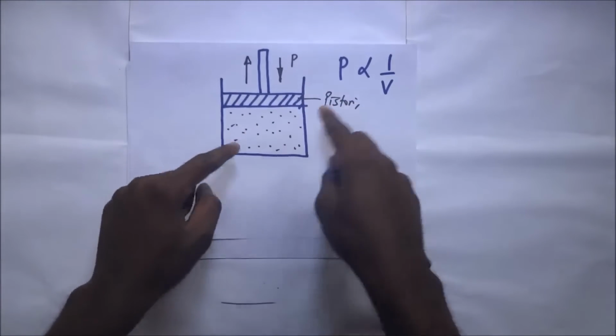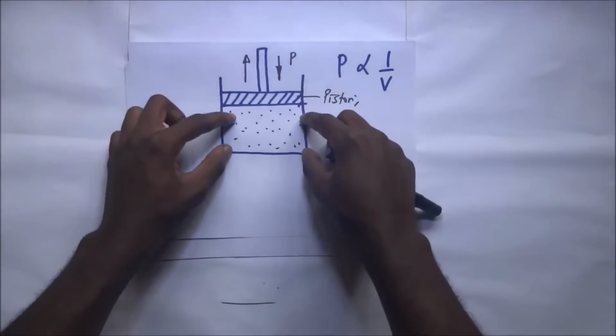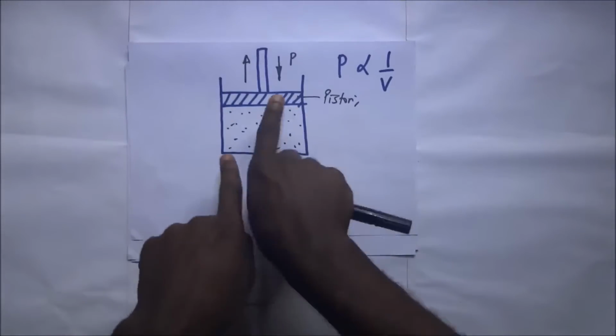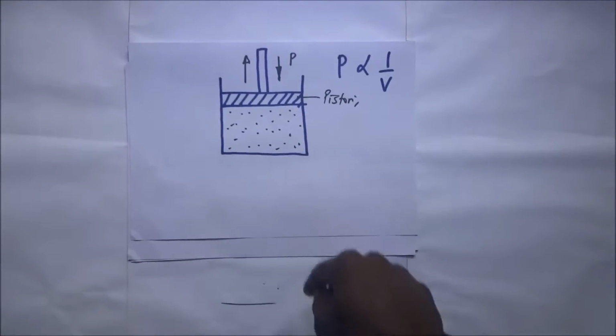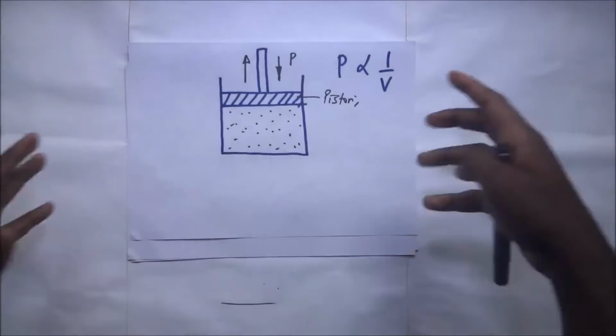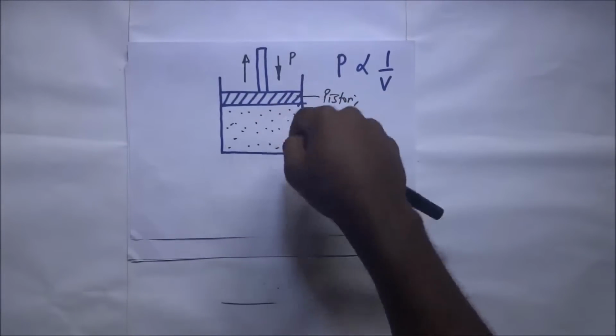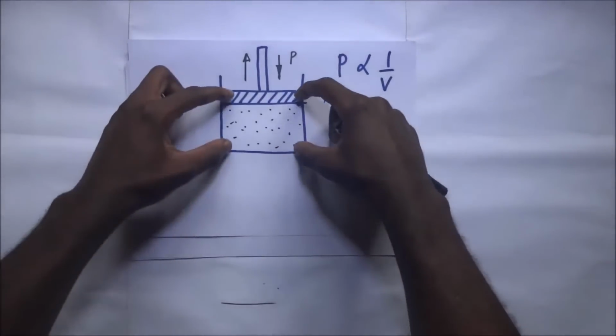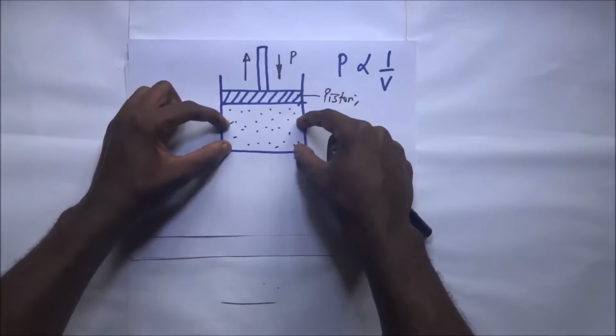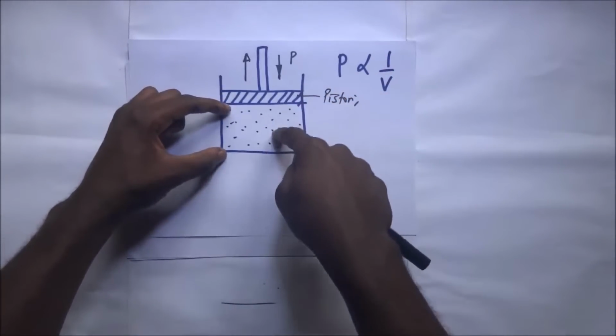As they come closer, they are going to be colliding with the walls of the container more often than when they are spread far apart. Because the rate at which these particles collide with the walls increases as a result of this reduction in volume, the pressure increases.